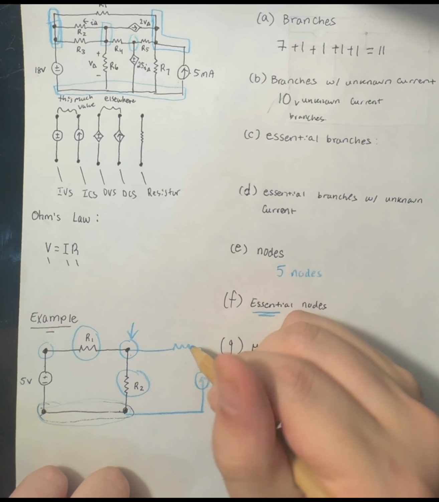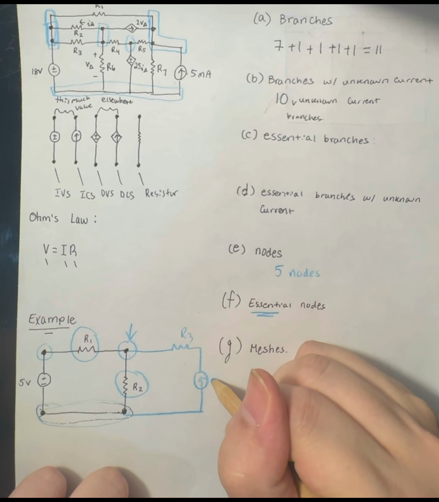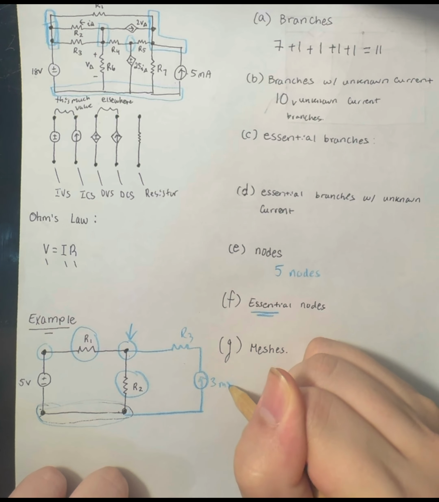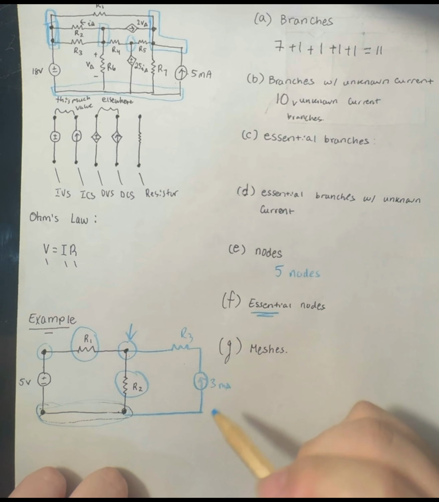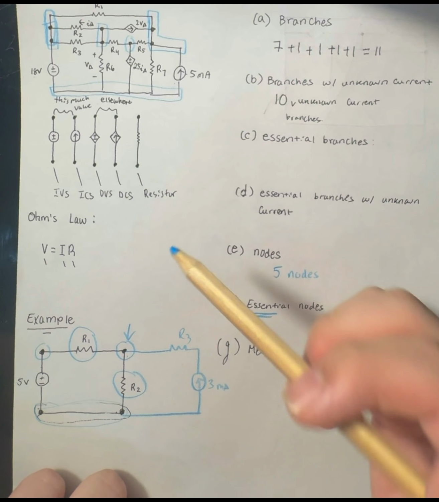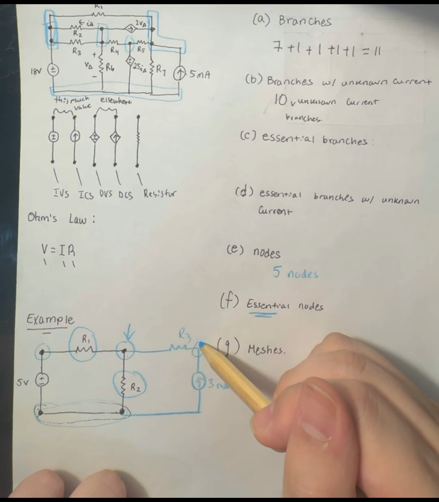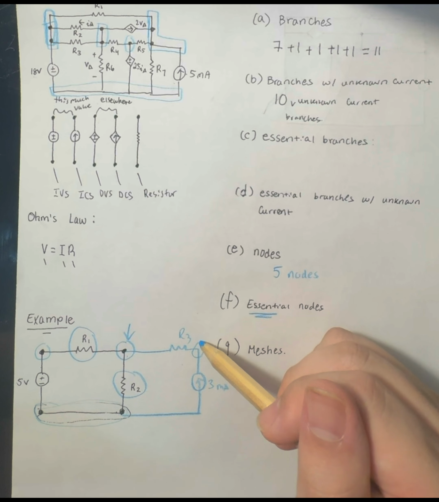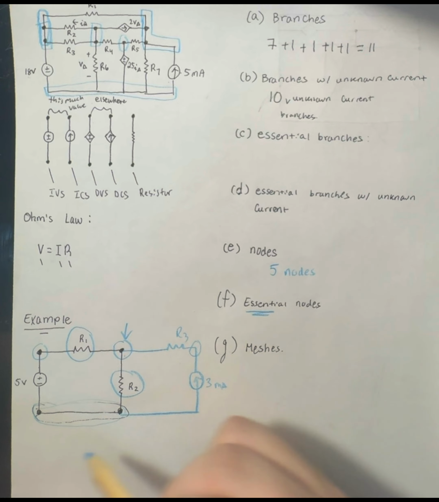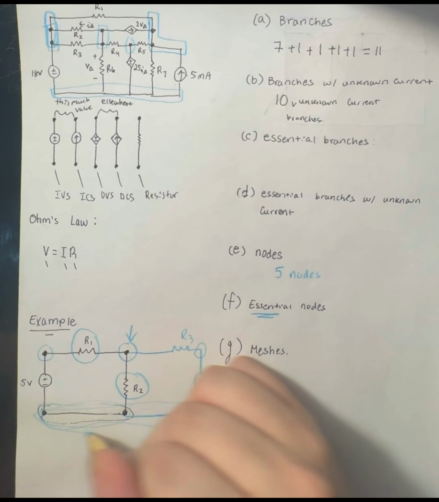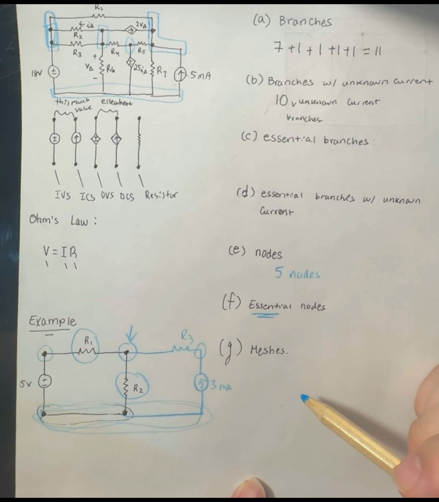Let's call this R3, and let's say this is 3 milliamps. Then this will be a non-essential node, and this entire thing will be an essential node.